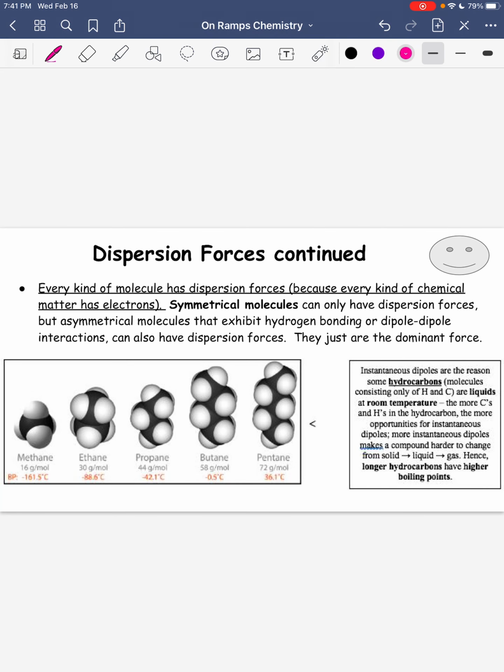Okay, so again, dispersion force continued. Symmetrical molecules can only have dispersion forces. But all molecules will have this force. All molecules have this. Again, we see a smiley face, so pay attention to this slide.